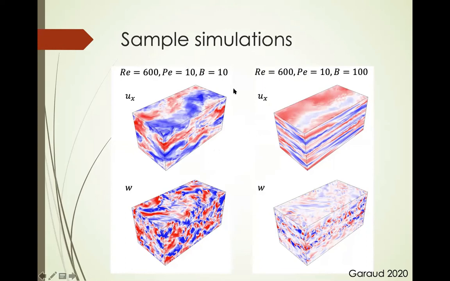On the left here, we have a simulation that is not too strongly stratified, and on the right, a simulation that is much more strongly stratified. We see in both cases that the azimuthal flow, which is u_x, has the form of these jets that are driven by the body force, but they're not vertically invariant, and this is because they begin to meander, and the meanders cause these alternating layers that are somewhat decoupled in the vertical.